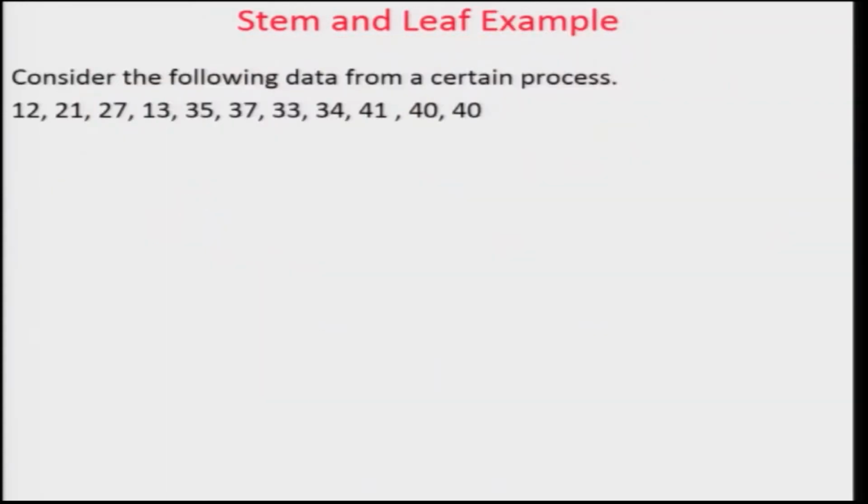Let us take an example so that I can use it to demonstrate. The stem and leaf procedure: a set of data is given to you from a certain process. The first thing you need to do, step 1, is sort in ascending order, which is smallest to largest.